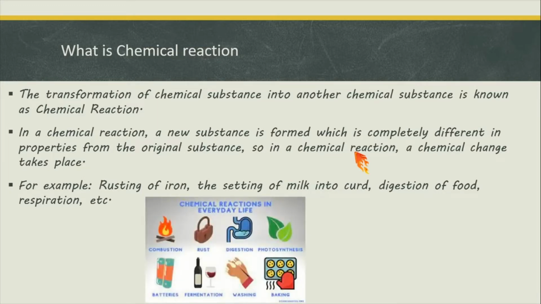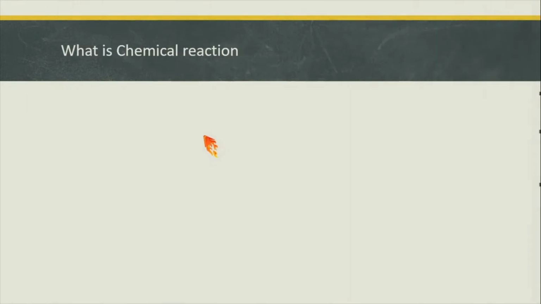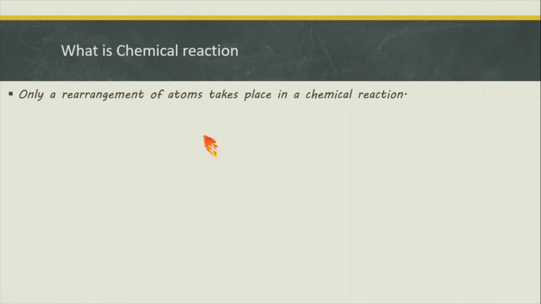Okay, here are some chemical reactions in everyday life: combustion, rusting, digestion, photosynthesis, batteries in our TV remote, washing our hands, baking. So only a rearrangement of atoms takes place in a chemical reaction.